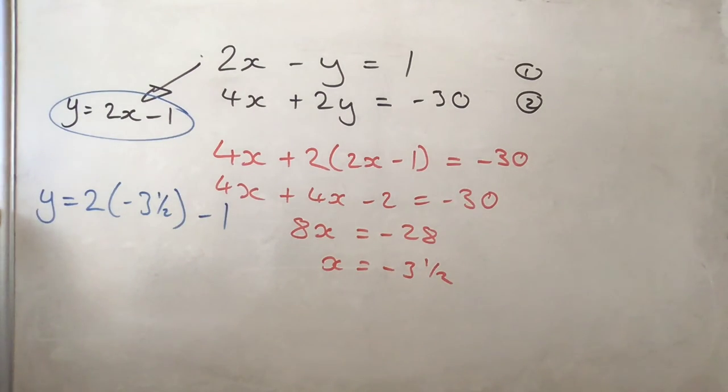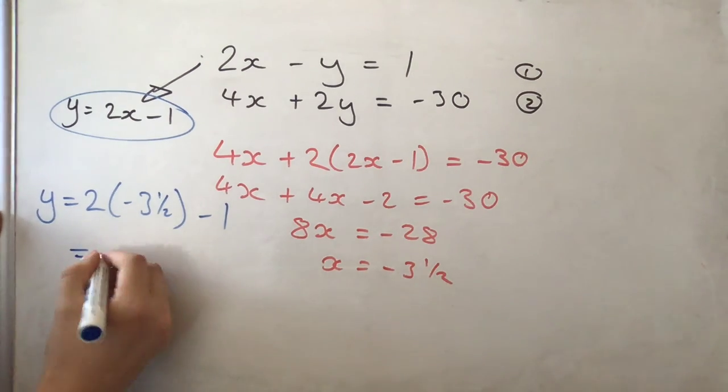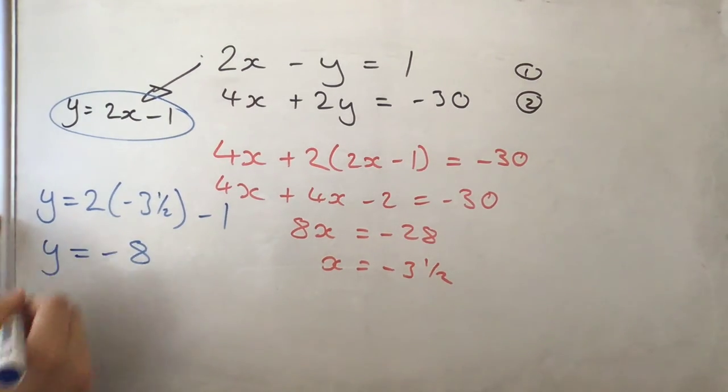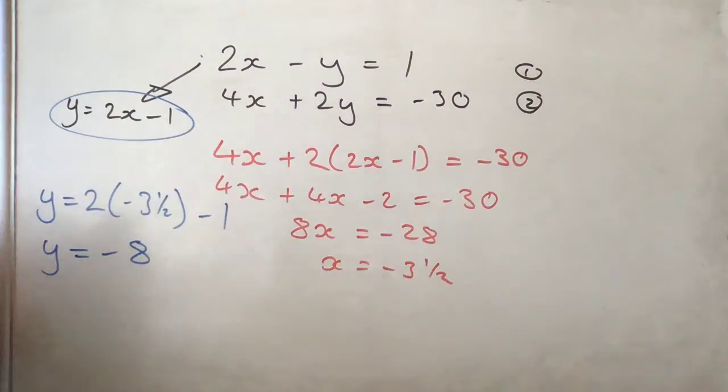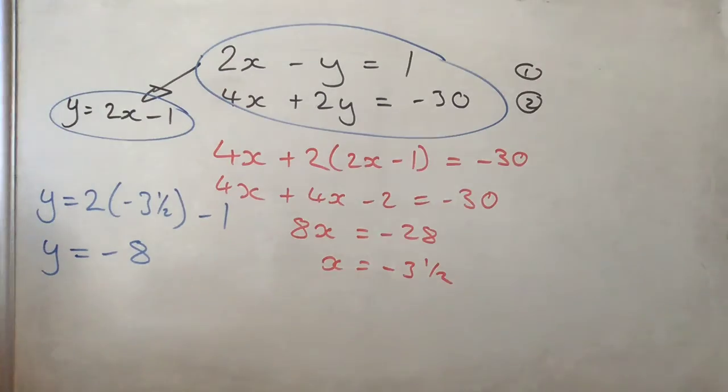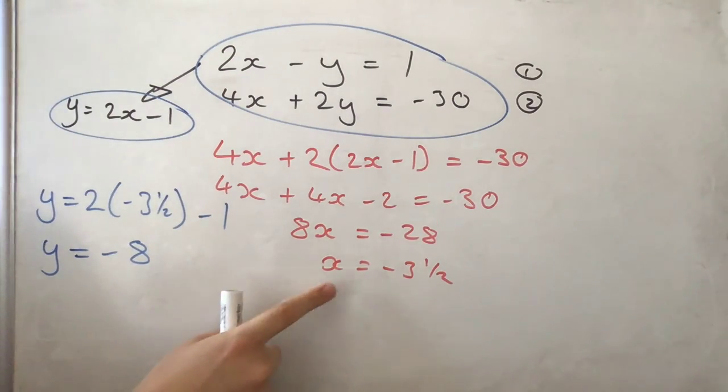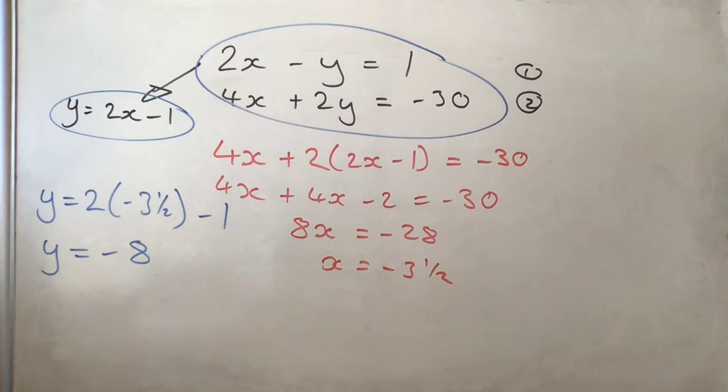And if you type that into your calculator, that will give us negative 8. So y equals negative 8. Thus, our solution to this simultaneous equation is y equals negative 8 and x equals minus 3.5.